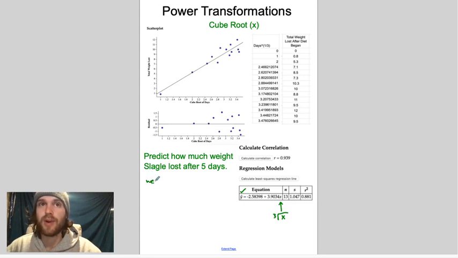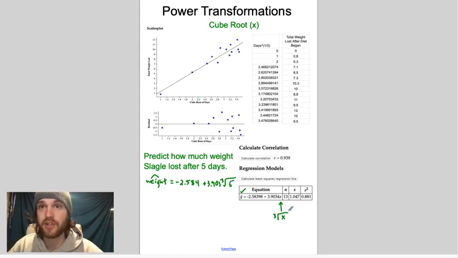We'll say, all right, the predicted weight loss total is negative 2.584 plus 3.903 times the cube root of 5, because x is actually represented by the cube root of x. So when I'm doing my solving here, we get a little bit of an extra step.